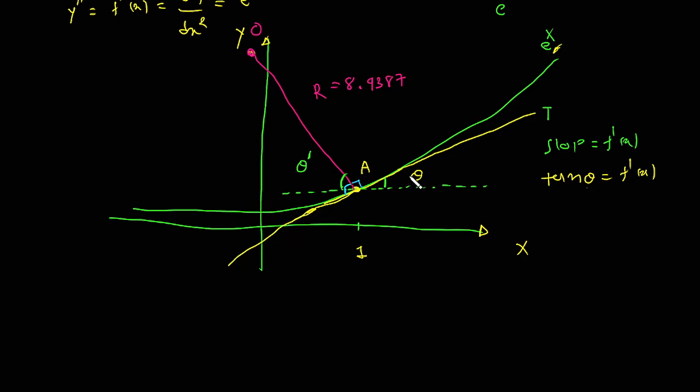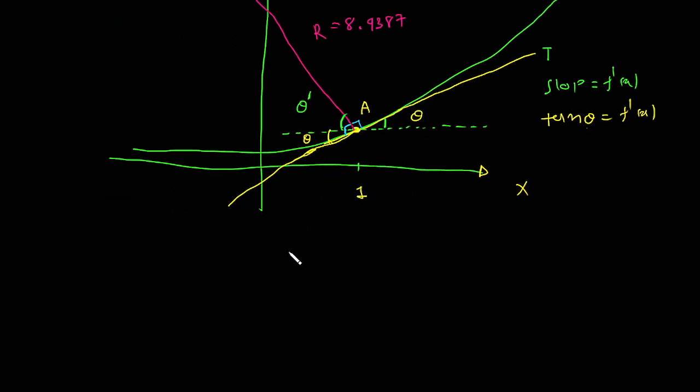Then this angle will also be theta, because they are between the same lines, just extended in the back direction. So we can write one equation: theta prime plus theta gives 90 degrees, because it is a right angle.